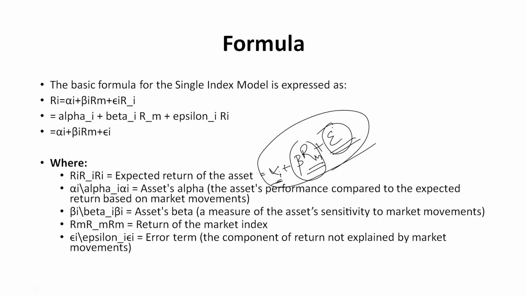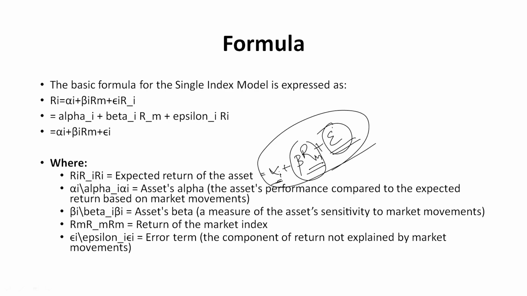Now, coming to the formula, it is a very simple formula which we have already discussed. It is a combination of the systematic and unsystematic risk which is prevailing in the market along with the expected return on the individual stock in which I have invested. So, I have put this as the expected return. I am not going into this particular formula in detail, I will just directly explain it over here. The expected return on the asset is equal to the alpha of the asset. What is the alpha of the asset?